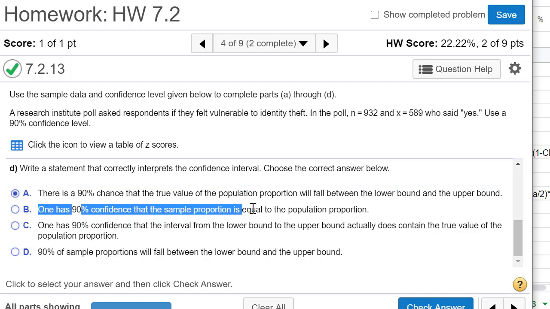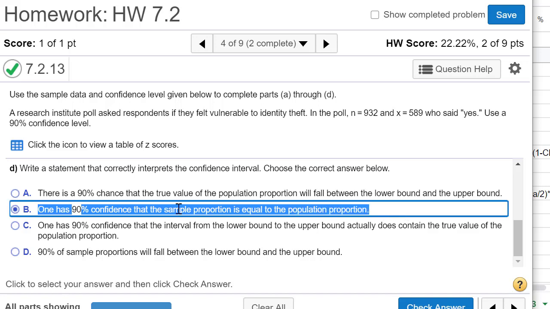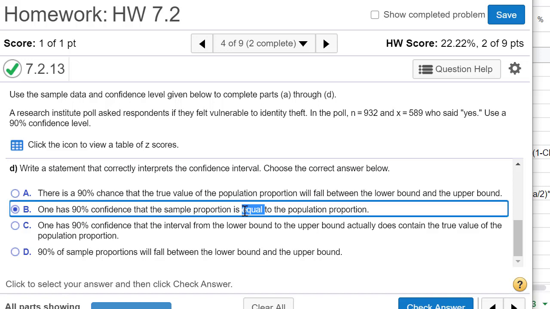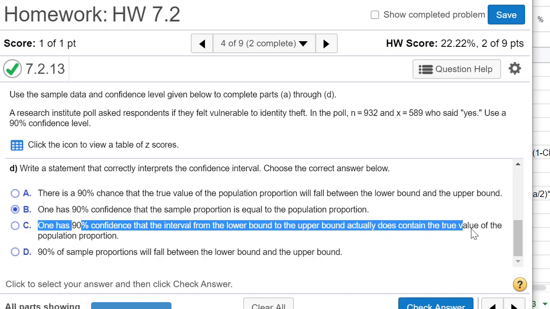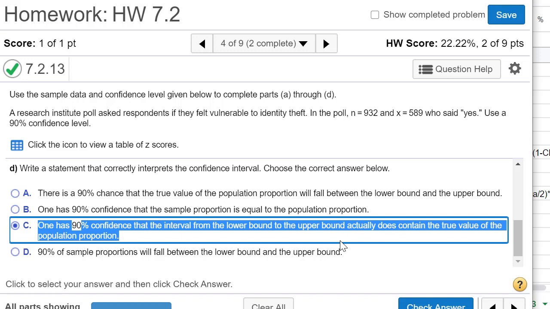The next one has a 90% confidence that the sample proportion is equal to the population proportion. We're all estimating here, so the idea of equal will not work for us either. So that's not good. C has a 90% confidence. We are 90% confident that the interval that we have actually does contain the true value of the proportion.